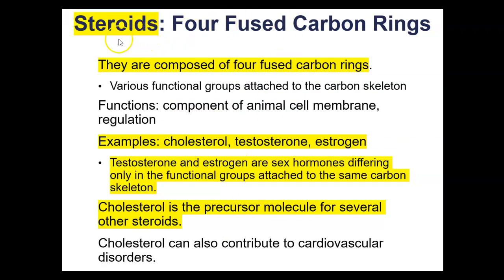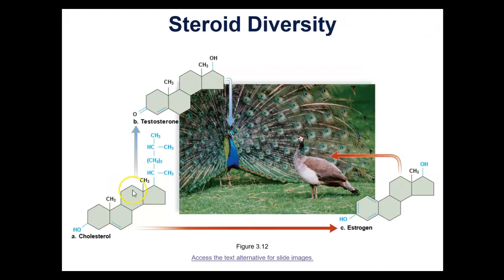Steroids are another type of lipid molecule. They are composed of 4 fused carbon rings. Examples would be cholesterol, and then cholesterol can be modified to form testosterone and estrogen, which are sex hormones. Cholesterol is the precursor molecule for several other steroids. So you can see what they look like.